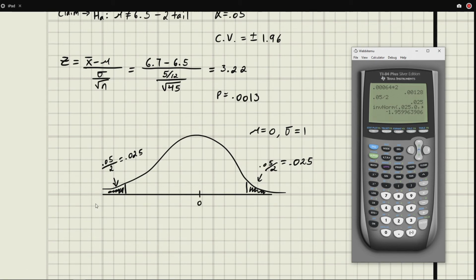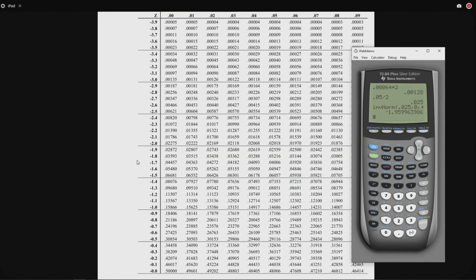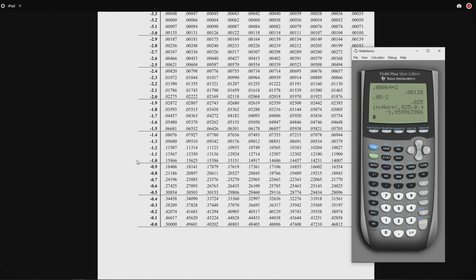So this is negative 1.96. This is positive 1.96. Let's say that you wanted to find this value using the chart. Maybe your teacher doesn't let you use the calculator. So you could go to the chart and find 0.025 on the chart. If we open up this chart and find 0.025, it is going to be right here.